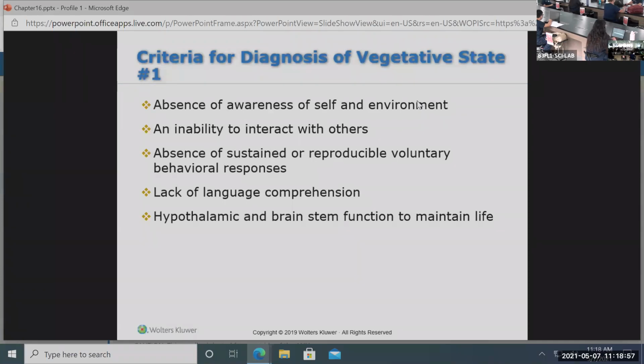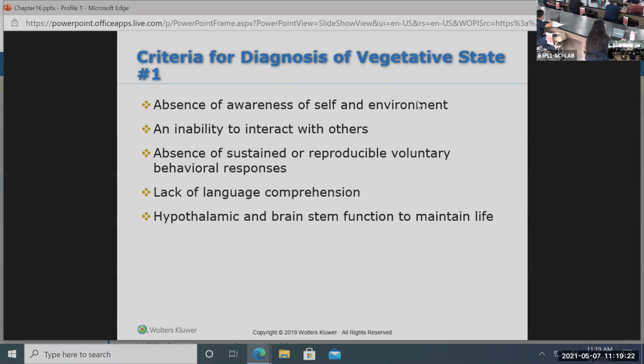Please remember, we call these the criteria for diagnosis of vegetative state. The patient is there, lying in bed. Number one, put a star on this slide. Criteria for diagnosis of vegetative state.